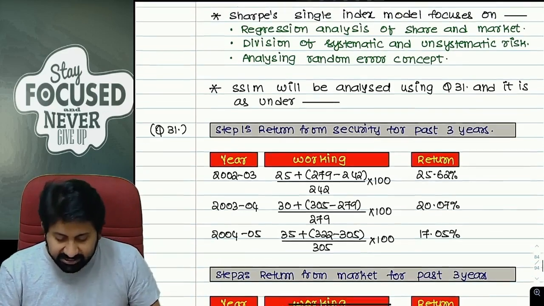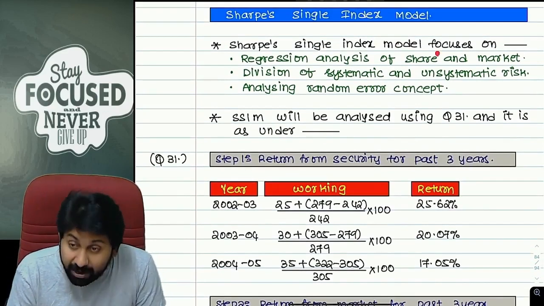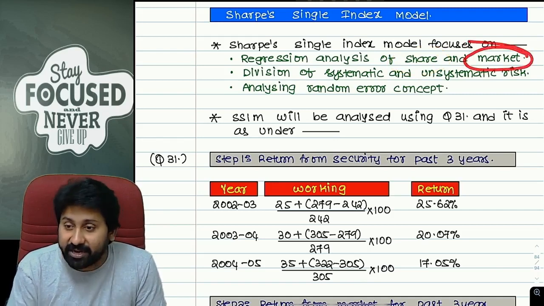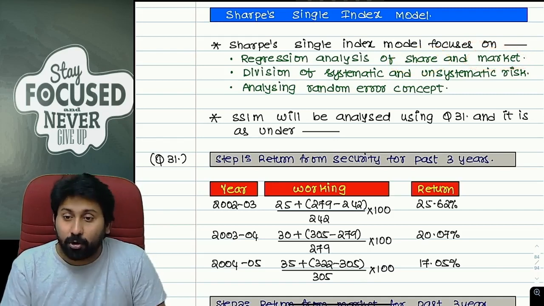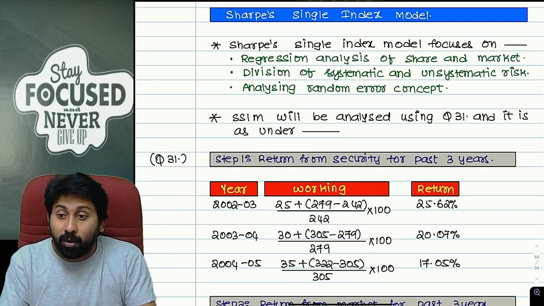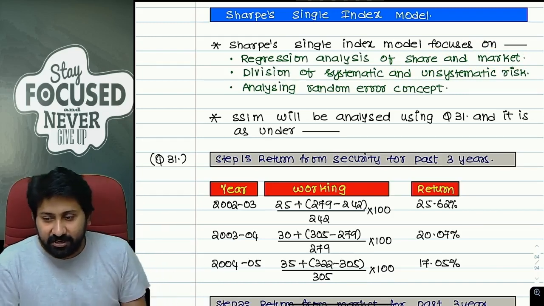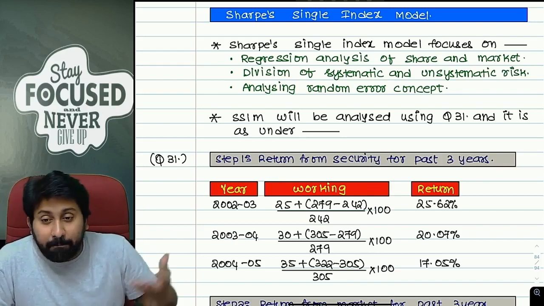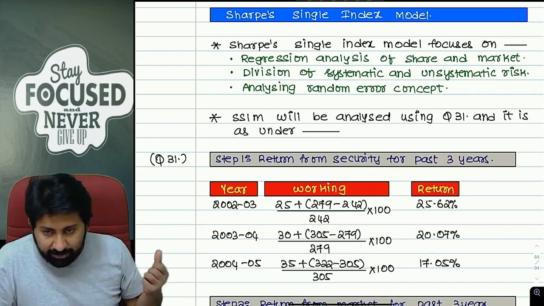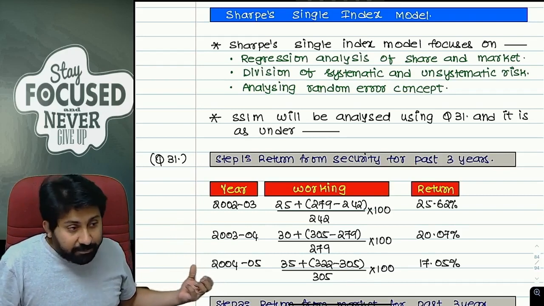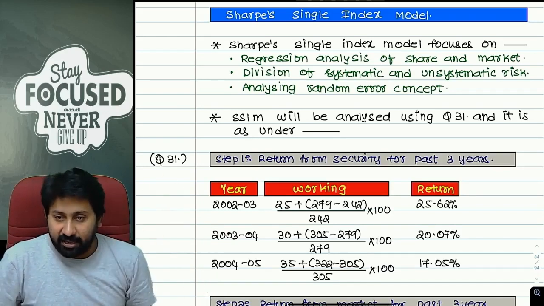So regression analysis means we will take the past, our company's information, past market information. From this we are going to make a comparison, how one is going to influence another. What is regression? Regression means taking the past data and anticipating the future by taking the averages.